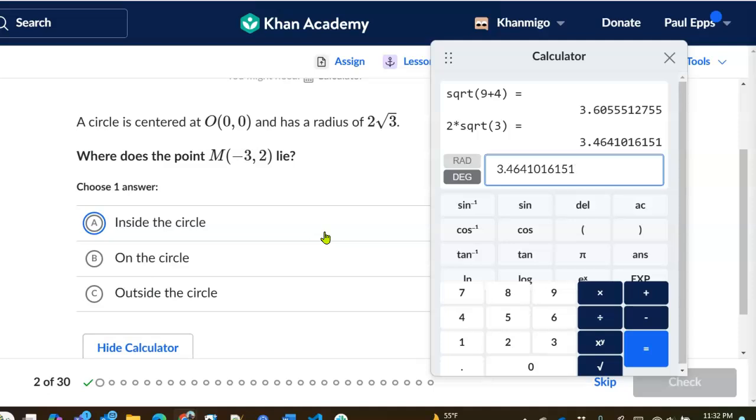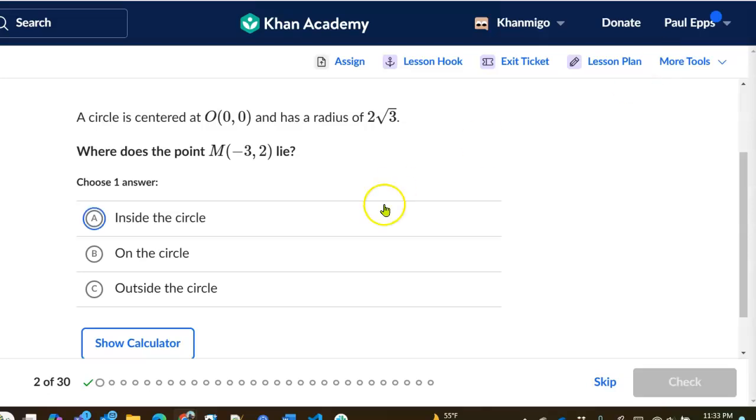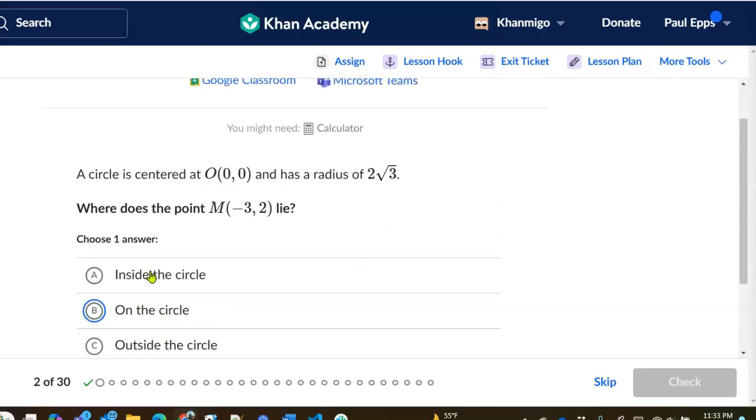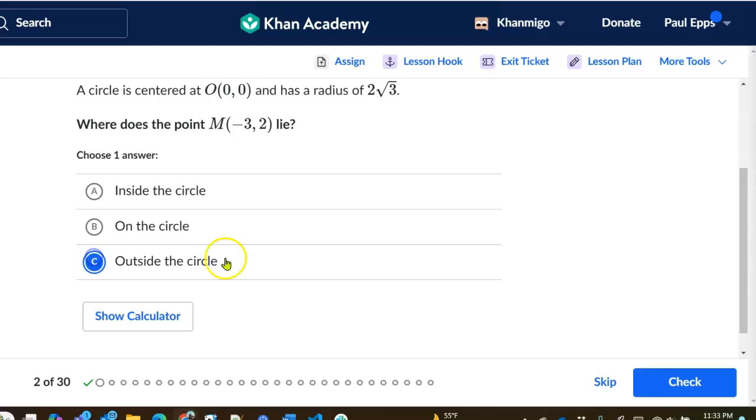So no, it's outside the circle. The distance from 0, 0 to negative 3, 2. So it's outside the circle. Sorry.